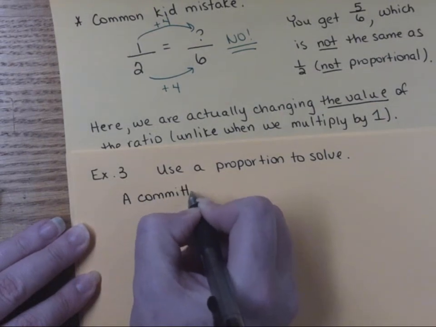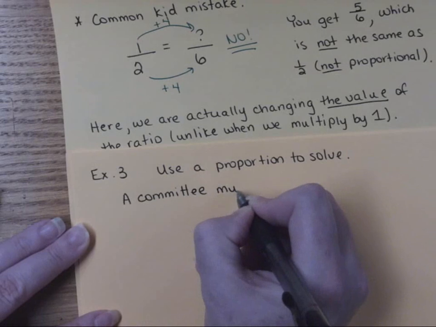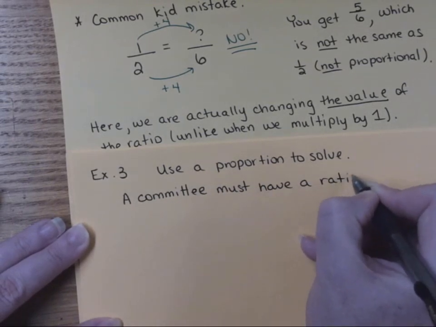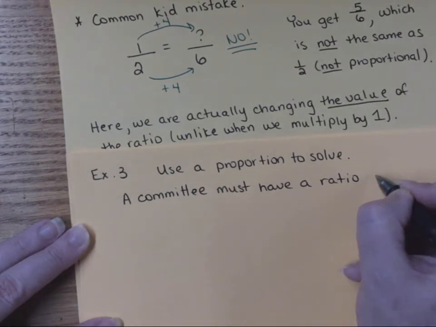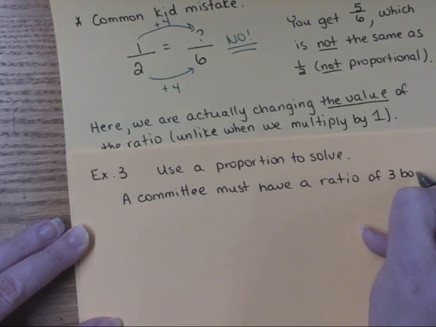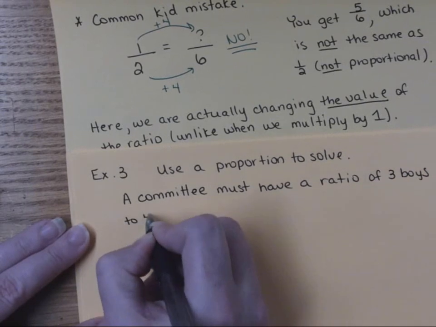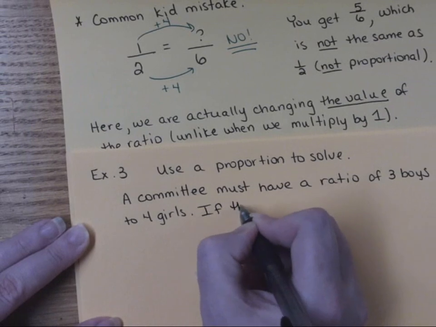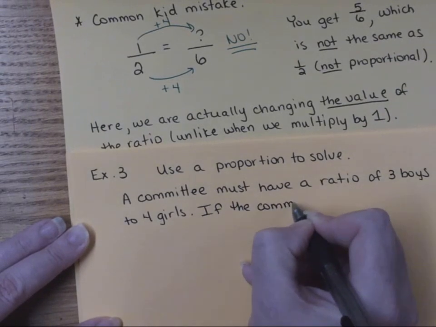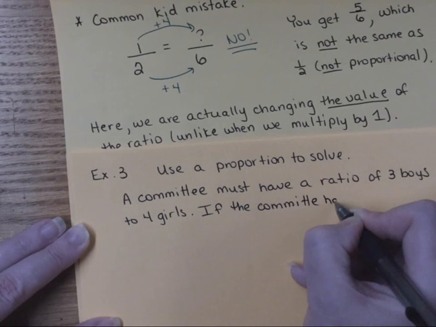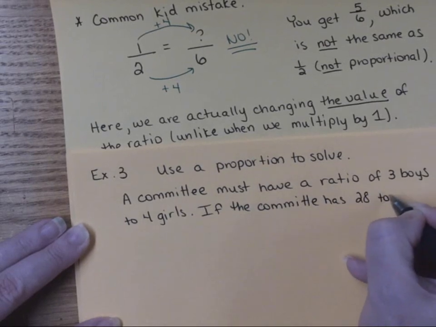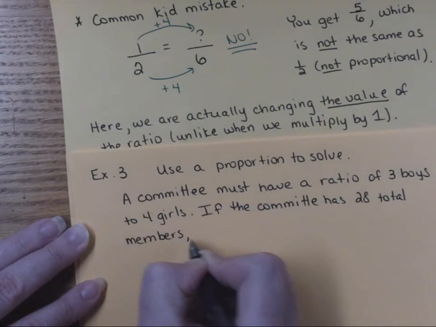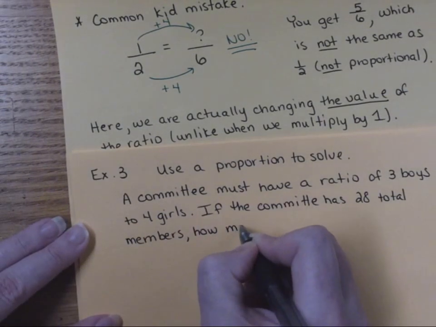So let's say that we have a committee and there's some sort of bylaw or rule that says it must have a ratio of 3 boys to 4 girls. If the committee has 28 total members, how many are girls?